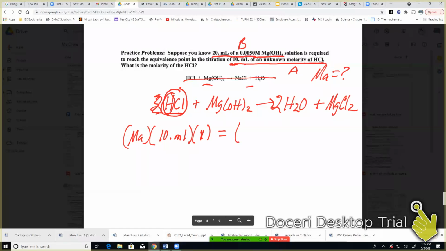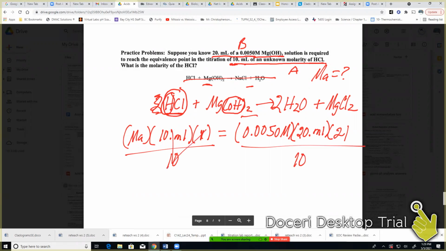Then I do everything on my other side, except I happen to know more about my base: 0.0050 molar, and it took 20 mL. What would be the N for my base? Remember, now I'm looking at hydroxides. 2, exactly, perfect, because I have that subscript. At this point, we just do a little bit of algebra. I feel like we've been doing similar problems to this a lot this second semester. 2 sig figs. I think if not everything, several things in there are 2 sig figs.